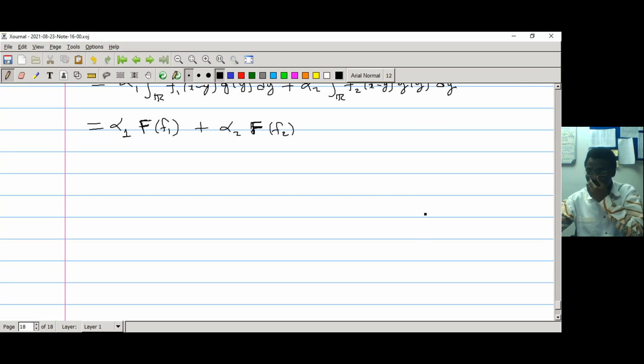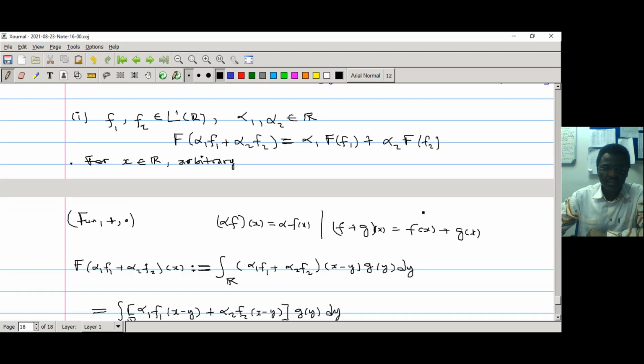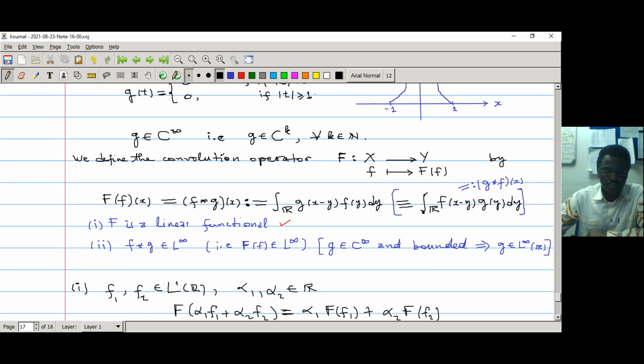And the next thing now is to show that the convolution product of f and g is C infinity.